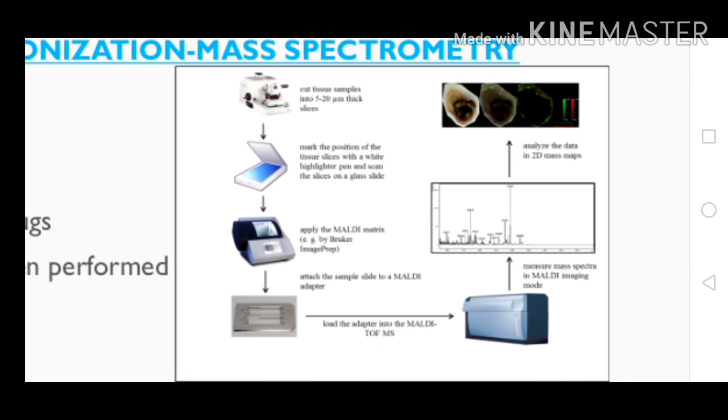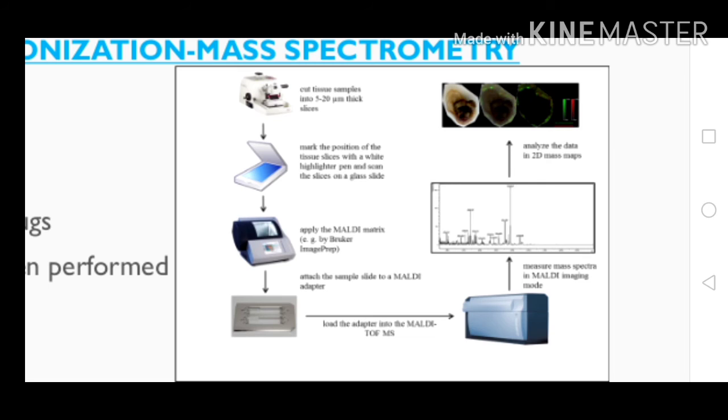This is not a clear image, but you can see there is a stepwise procedure which is carried out, in which the sample is loaded and applied with the MALDI matrix. That is like an image preparation. Then the sample slide is attached to a MALDI adapter and loaded into an instrument.